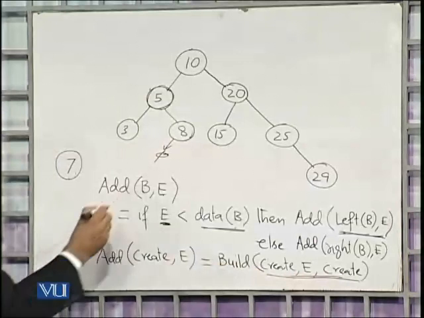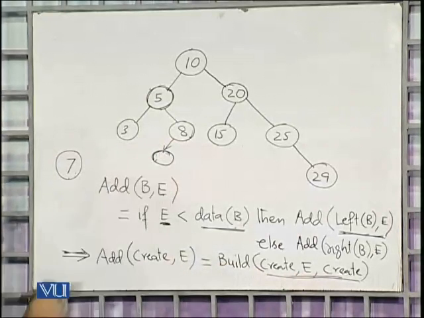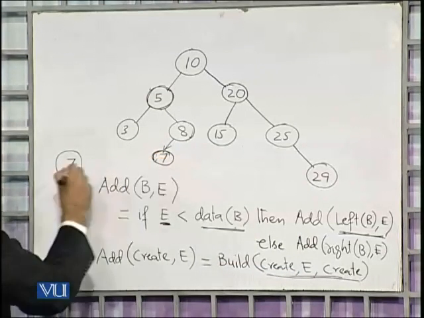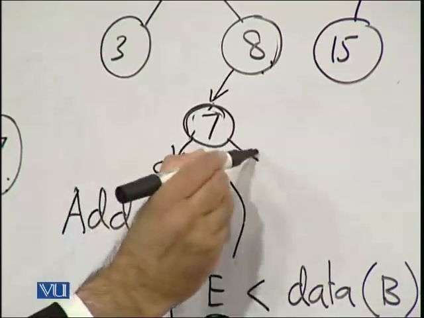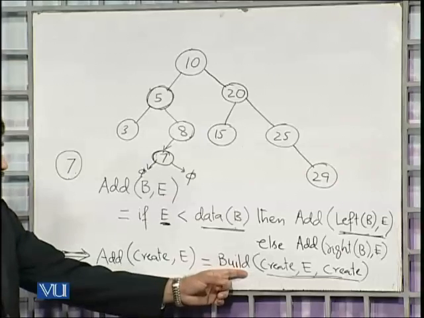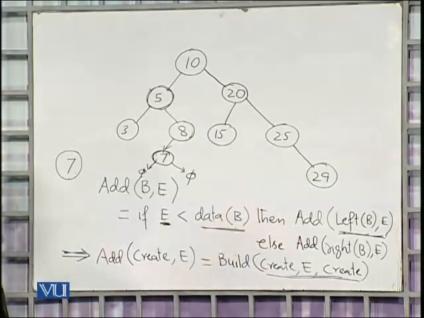And how does it build? It says here is a new node that I add. This new node will have the data that I supply, and the left will be empty and the right will be empty. And then I'm done, because after this, there is no recursive call of this add function.